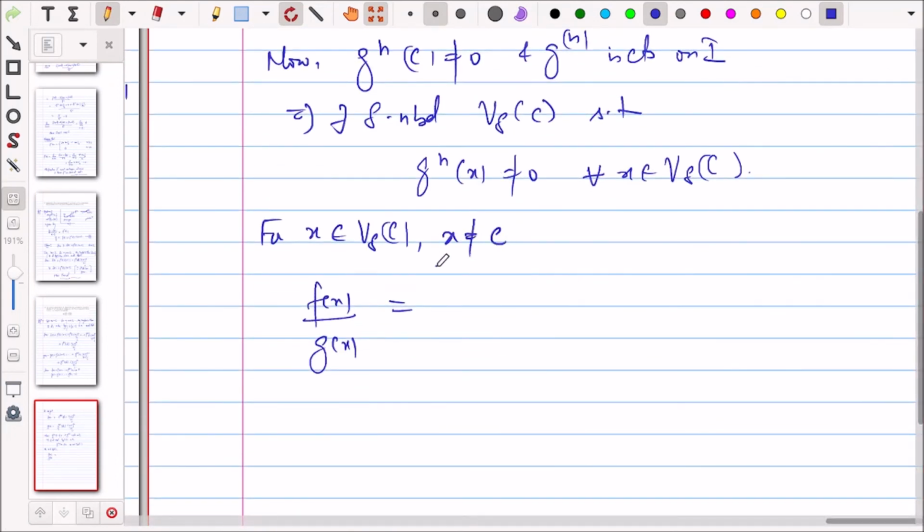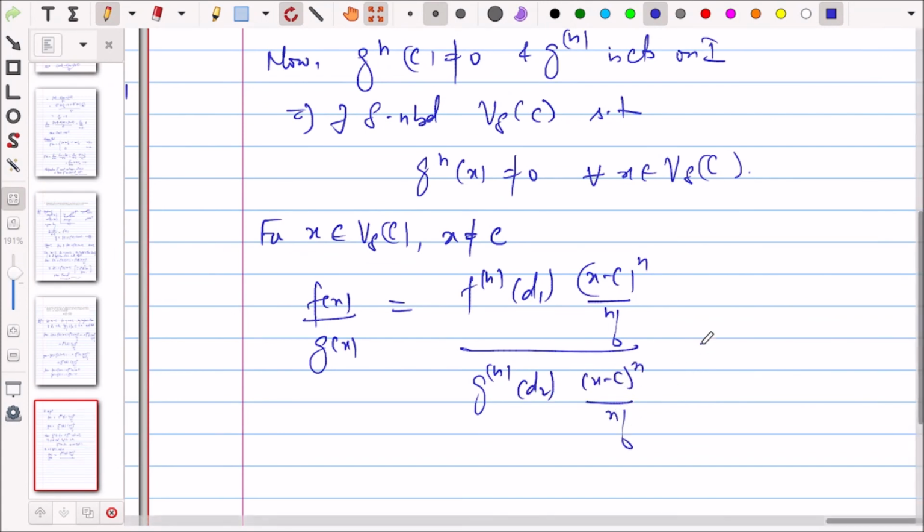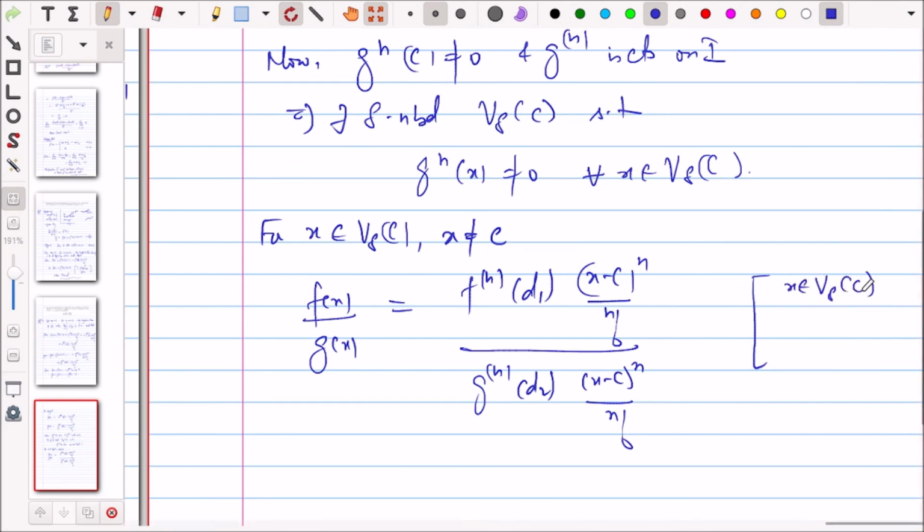So we can divide these two terms: f^(n)(d1) (x minus c) to the power n by n factorial upon g^(n)(d2) (x minus c) to the power n by n factorial. x belonging to V delta of c implies d2 belongs to V delta of c, and this implies g^(n)(d2) is not equal to 0.